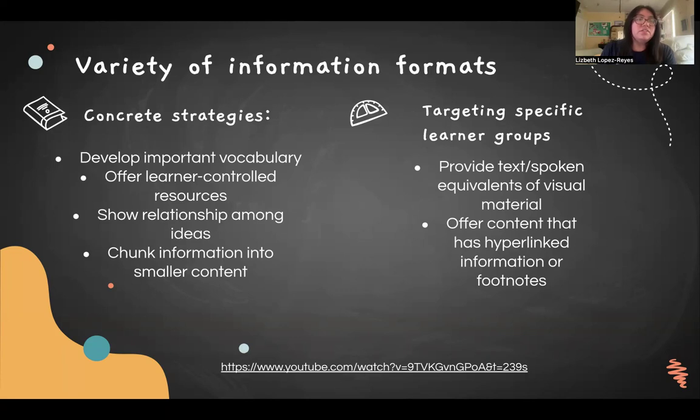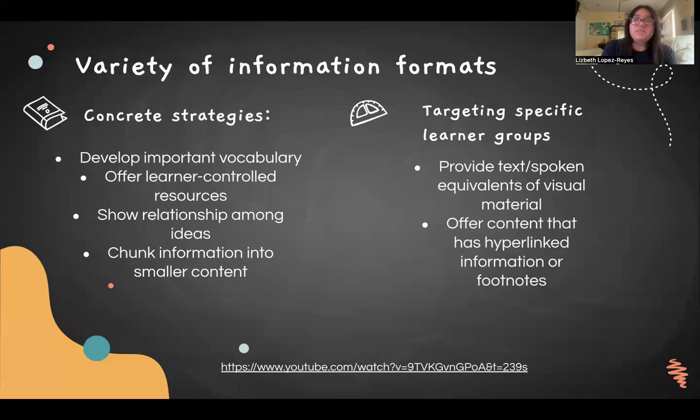The third one is to show relationships among ideas, such as using a concept map to illustrate relationships between ideas or annotating text to point out key features. And then the fourth one would be to chunk information into smaller content, which would be building topical conceptual units and then content packages.